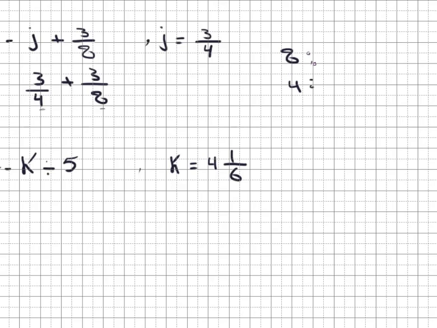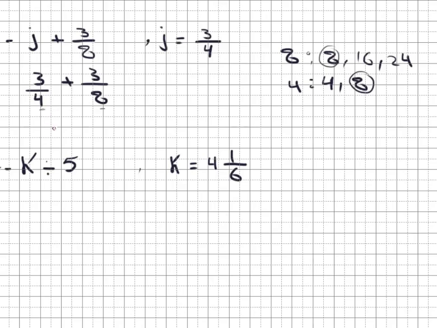For 8, we will find the multiples of 8: it's 8, then 16, then 24. And here the multiples of 4 are 4 and 8. This means the new denominator will become 8, the least common denominator.